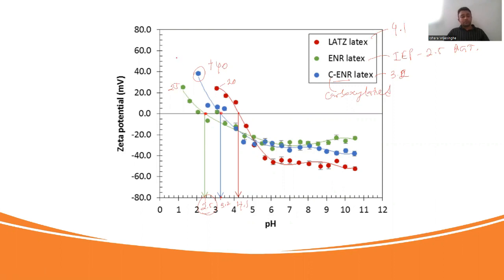Okay. So if I say all these are preserved latex, low ammonia, epoxidized, carboxylated, normally we know the latex particles are negatively charged, right? So to preserve these, what do we have to add? Bases, right? So these are already preserved systems.